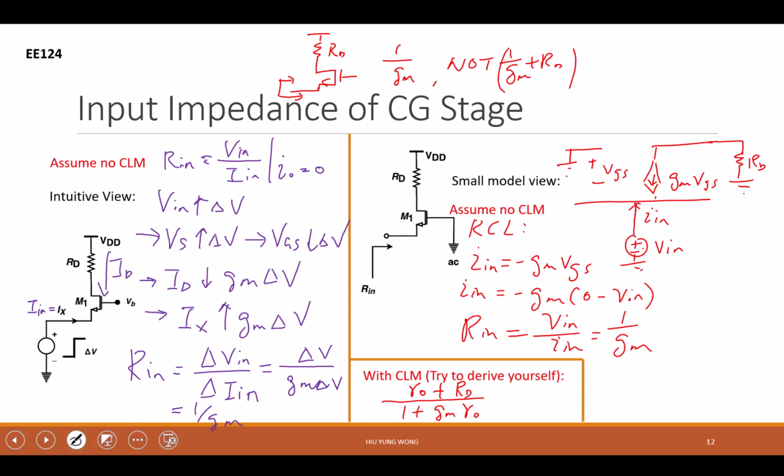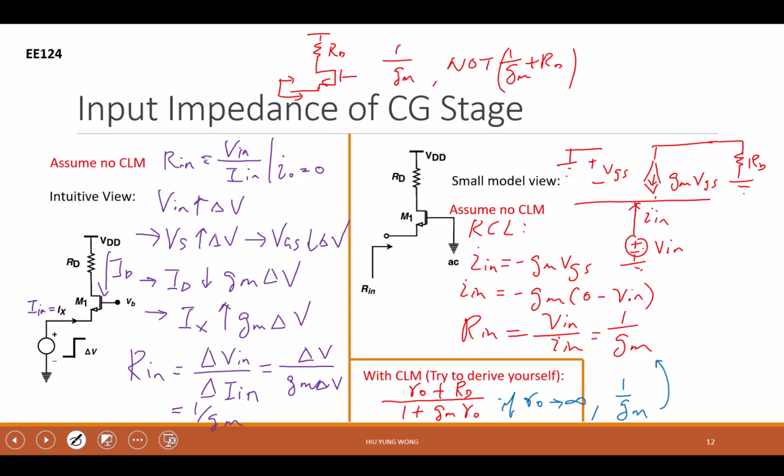Yes, because if R out is infinity, then the top is equal to R out, and gm R0 is very large. I ignore 1. So R0 and R0 cancel. Then I got 1 over gm.